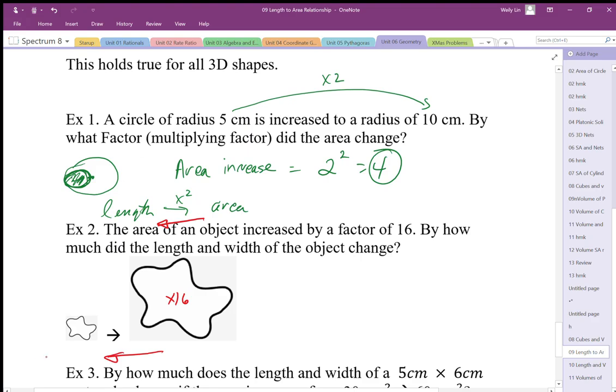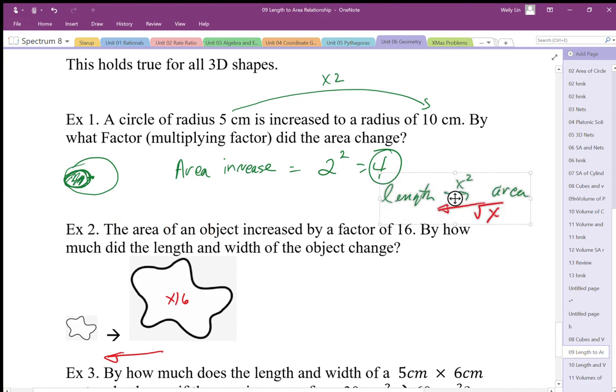Okay, well, I want to figure out the length increase. If I'm going to go backwards from squares, I'm going to square root. And this is a generalization I can use.